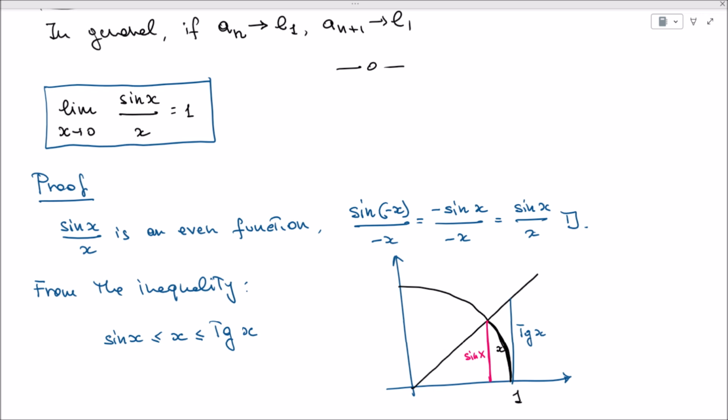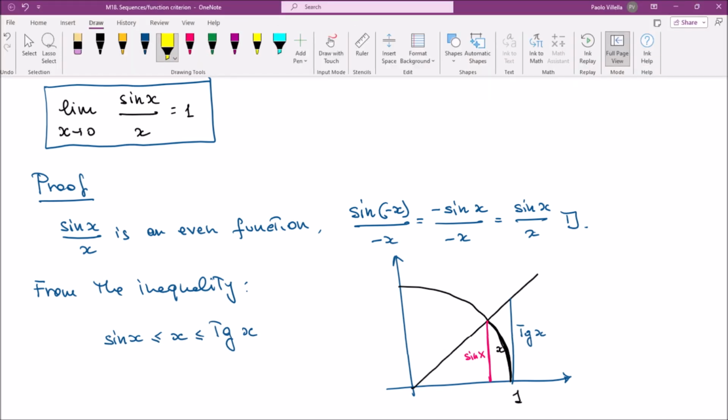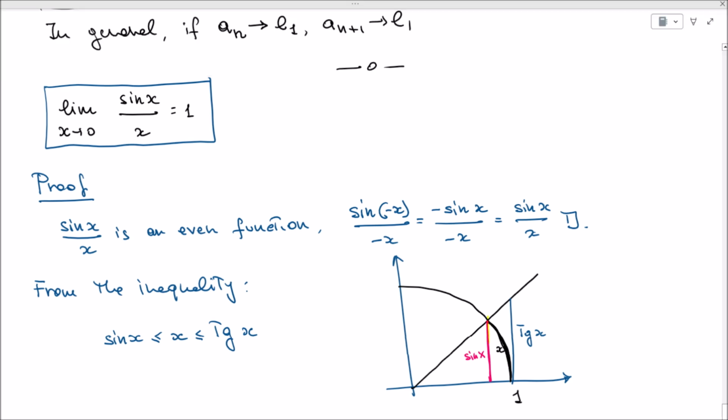Okay, so what we're saying is that the sine of x, which is this segment, is less than x, which is the arc, which is less than the tangent of x, which is the segment on the tangent taken exactly at the point 1, the vertical tangent, right? So we can definitely write this inequality.